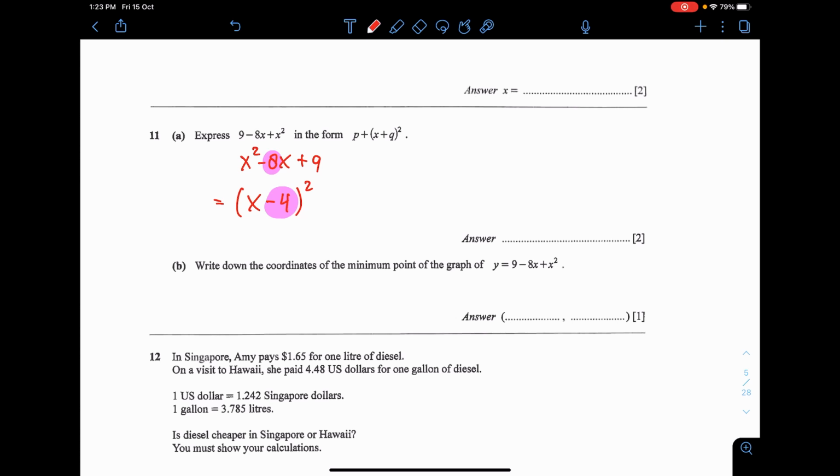And then you need to minus off the negative 4 bracket squared. This is somewhat like a formula, but if you want to understand the reason, it is that if you expand x minus 4 bracket squared, you're going to get a plus 16, which doesn't exist in my original. So I need to minus off the 16. Hence I got x minus 4 squared minus 16 plus 9, so minus 7.